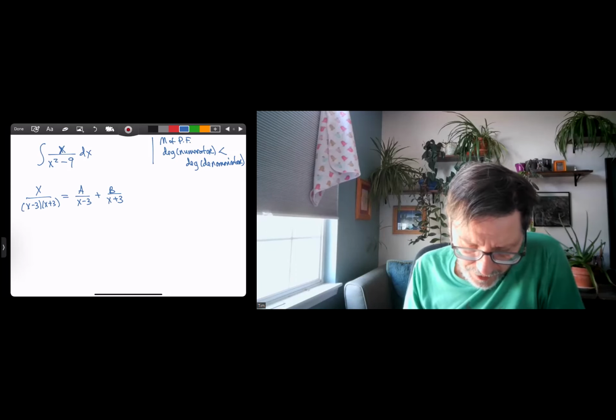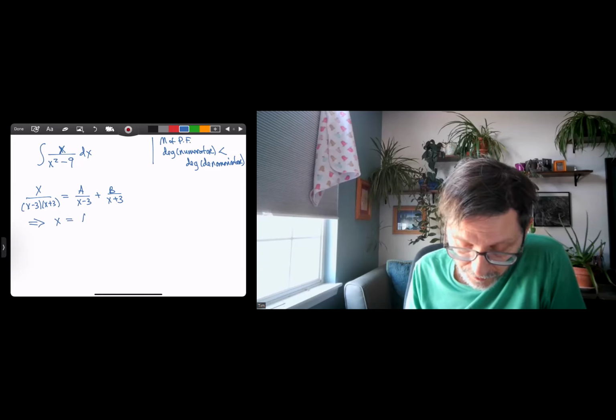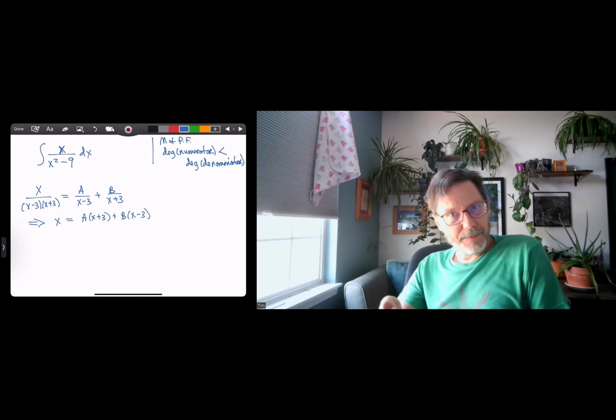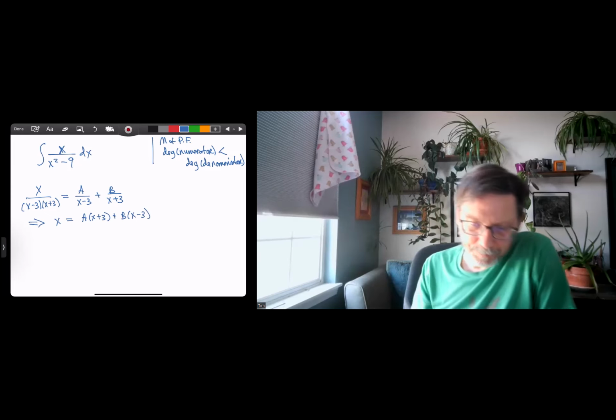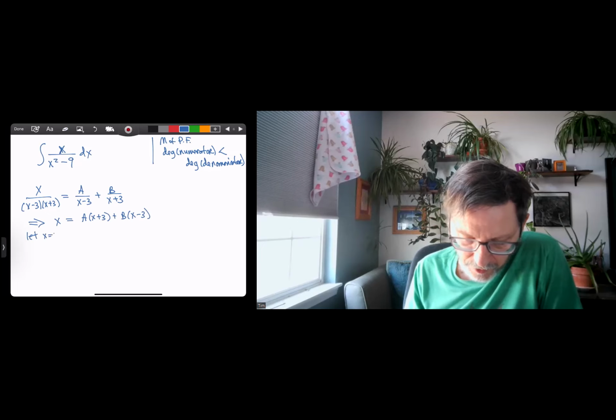When I flatten this out, notice there's an x now on the left. It's a variable this time as opposed to a constant. Ta-da. So let's let x be our special values.